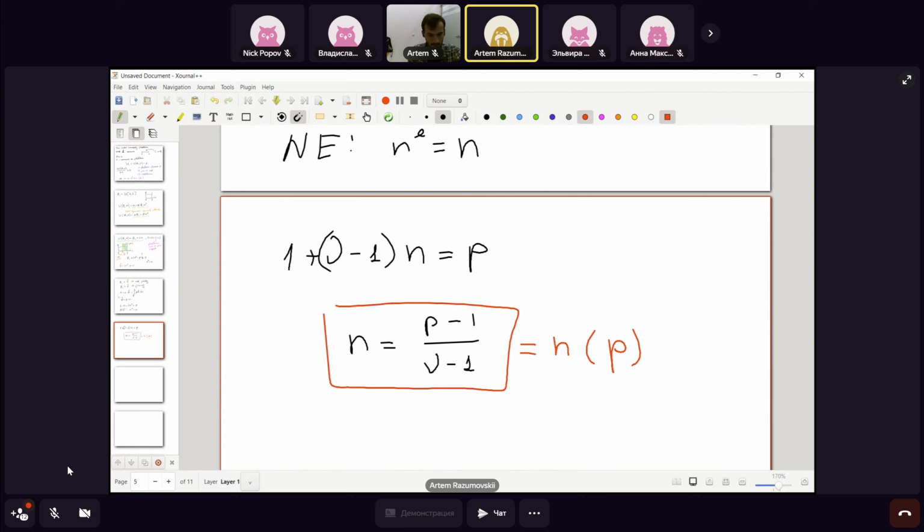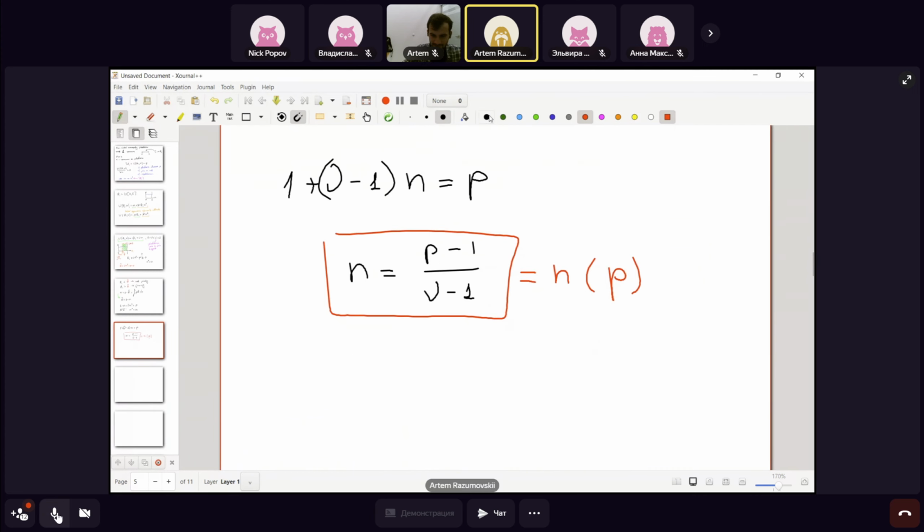Who can tell me what it means? The number of those who join is positively related to the price. It's strange, so that's not true.